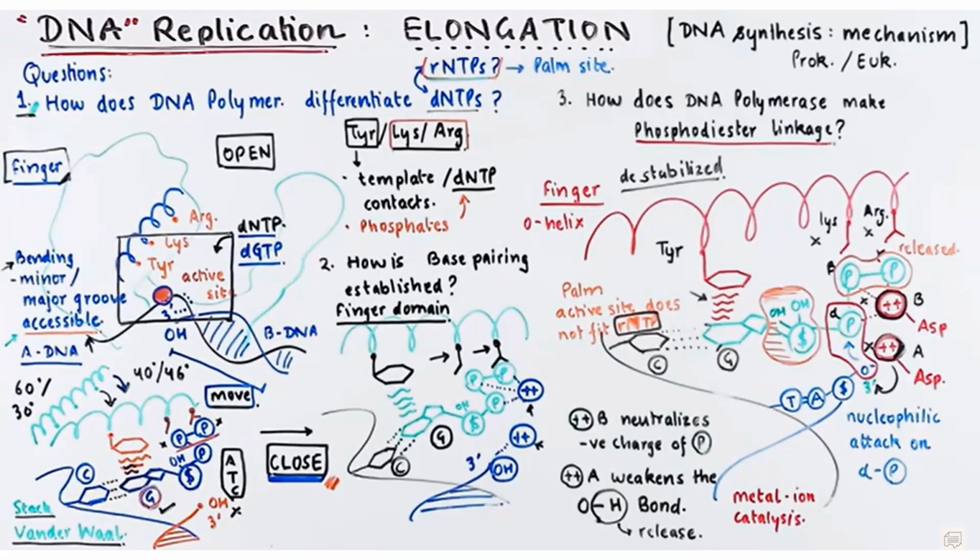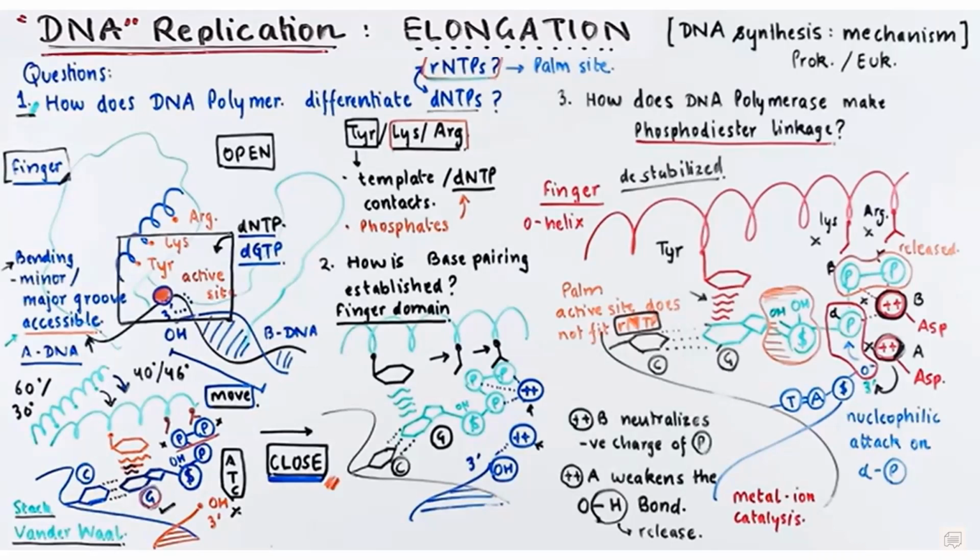And in the context of the template DNA that is being bent at the palm region, let's assume that the next base to be replicated is cytosine. This means that the next dNTP to be added will be dGTP.